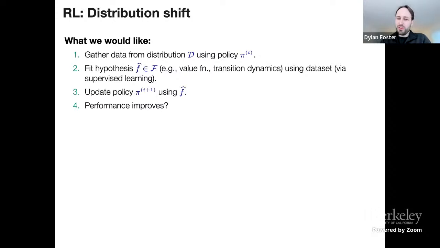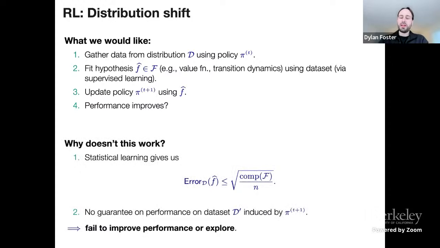But what's the issue here? If we think of supervised statistical learning, or generalization, it tells us that when we fit this hypothesis F hat, it is going to do a good job at predicting on future data if we gather it from the same distribution D that we used to collect our data set.